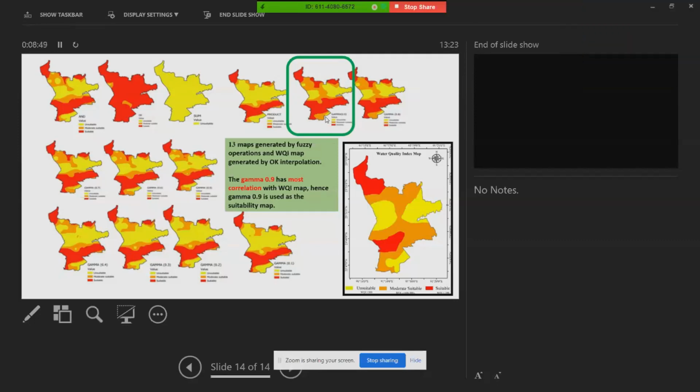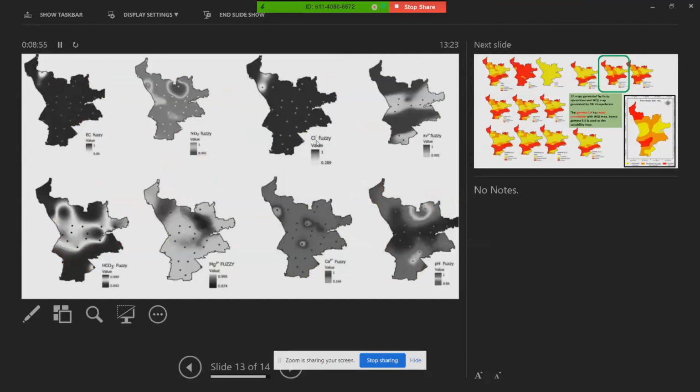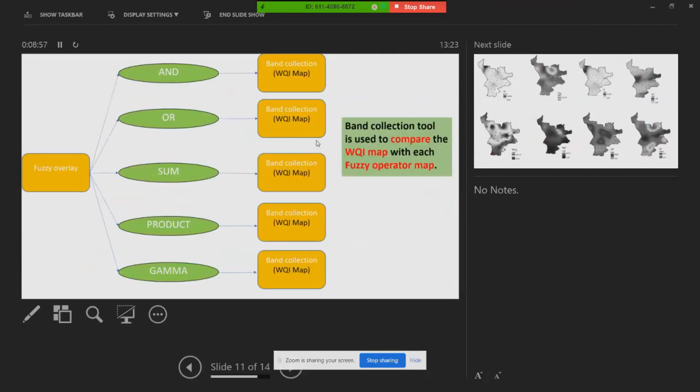Yes, I have a question. You apply the logic operators like AND or sum, right? So what if I use just a simple map overlay? Do you think the output map is going to be the same or not?